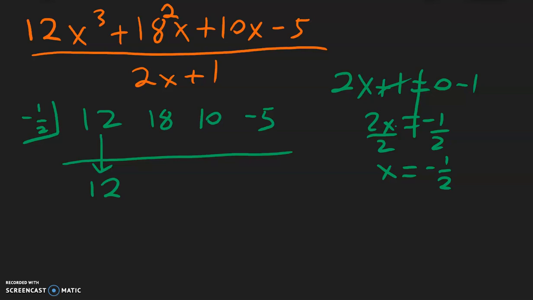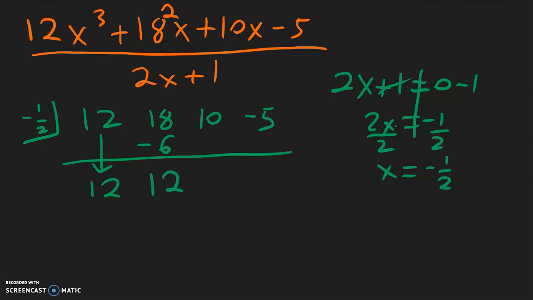So you can multiply the top then divide it by the bottom, or you can divide it by the bottom then multiply it by the top. It doesn't matter what order. So you can divide by the bottom. So 12 divided by 2 is 6 times 1 on the top, which is still 6. Okay, now 18 minus 6 is going to be a 12.